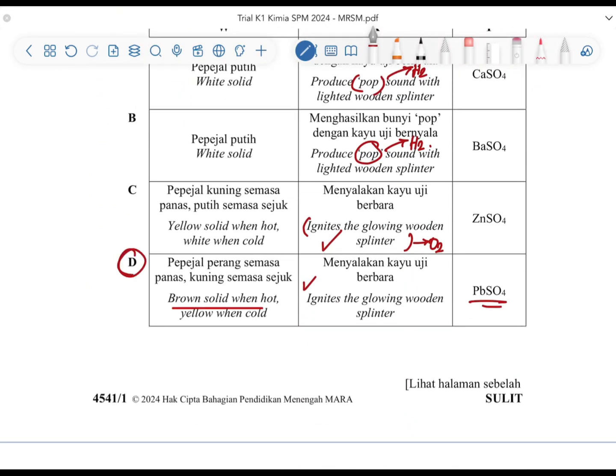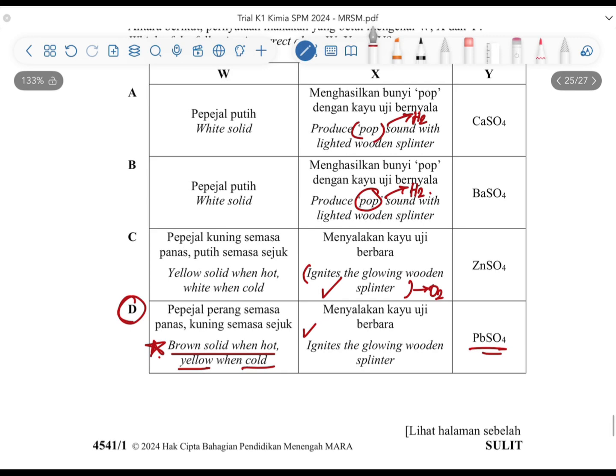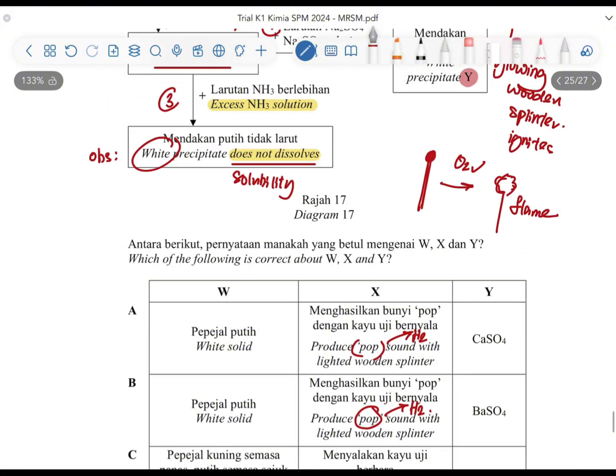When it is heated and still hot, the solid looks brown. After a few minutes, once it has cooled down, this metal oxide will show a yellow color. This is an important thing that you need to remember for this particular salt.